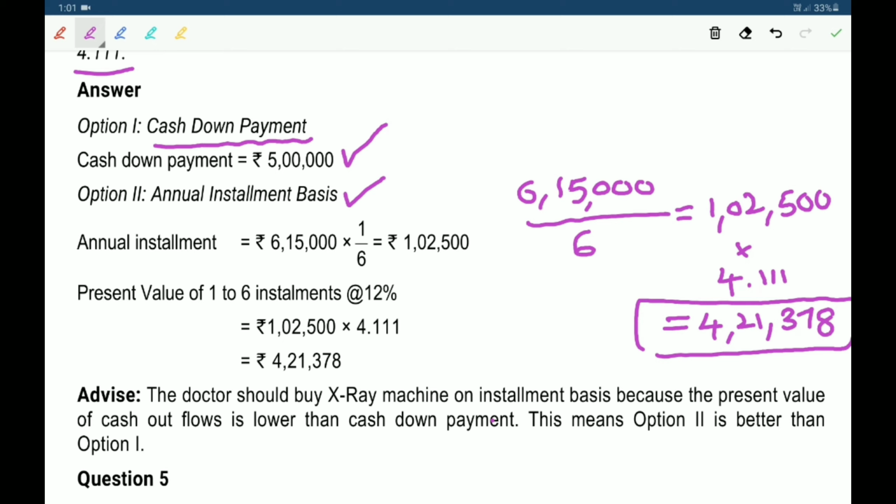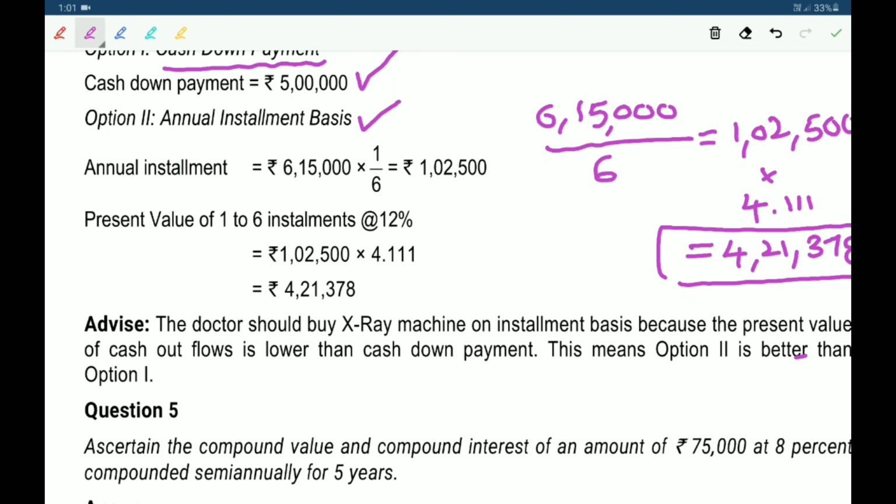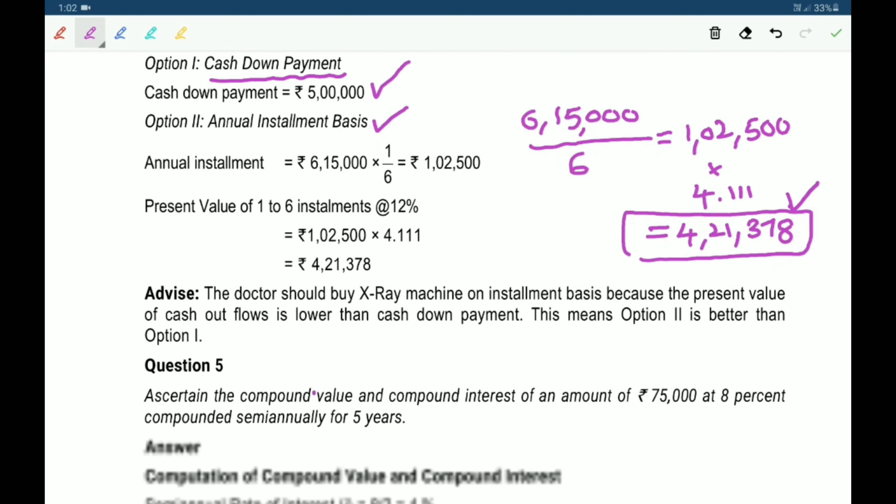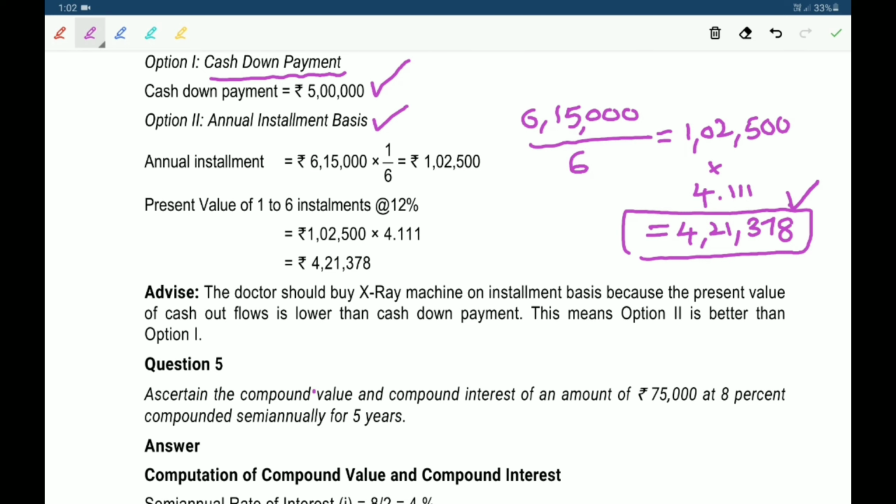By paying cash immediately, 5 lakh rupees. By paying in installments, the total amount to be paid is 4,21,378. So it is the better option. That's why the doctor should buy the X-ray machine on installment basis, because the present value of cash outflows is lower than the cash down payment. This means option 2 is better than option 1.